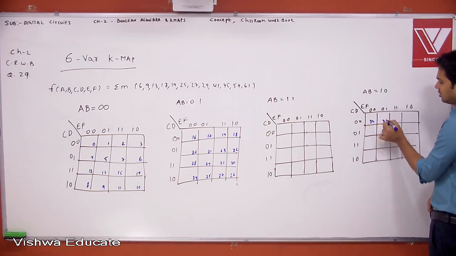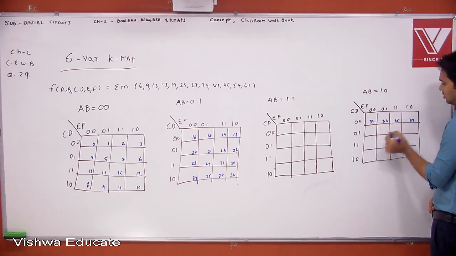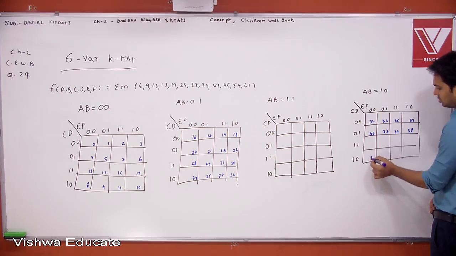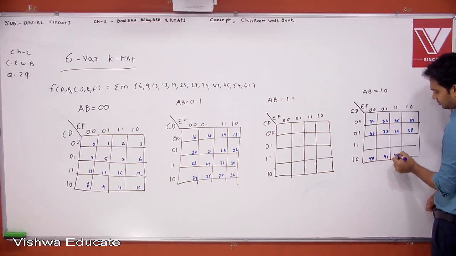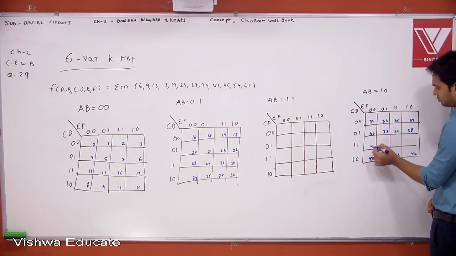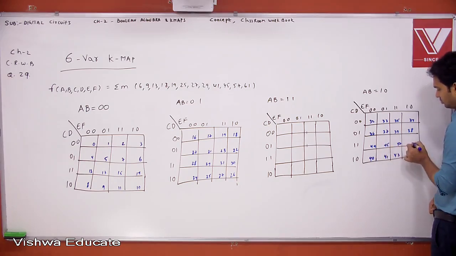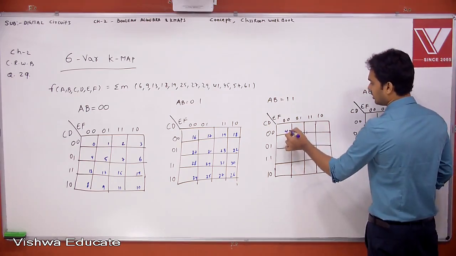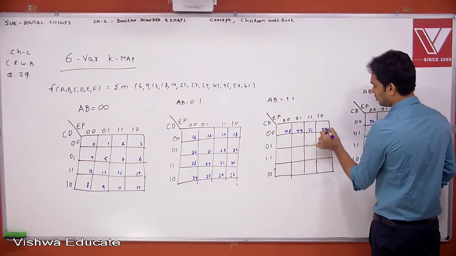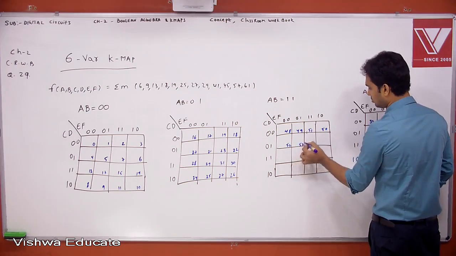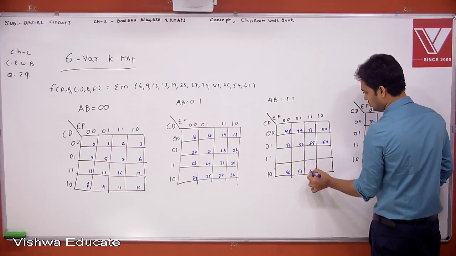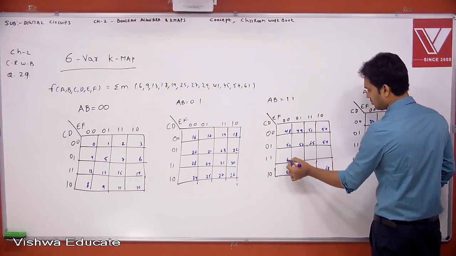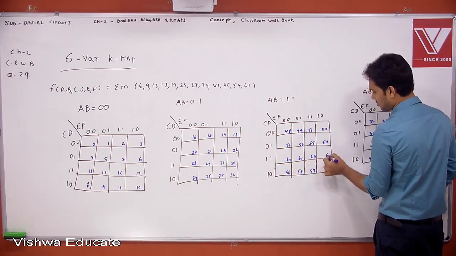So 32, 33, 36, 40, 48, 50, 60, 61, 62. That's all.